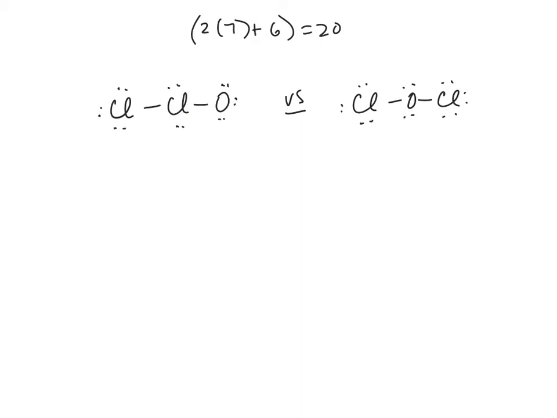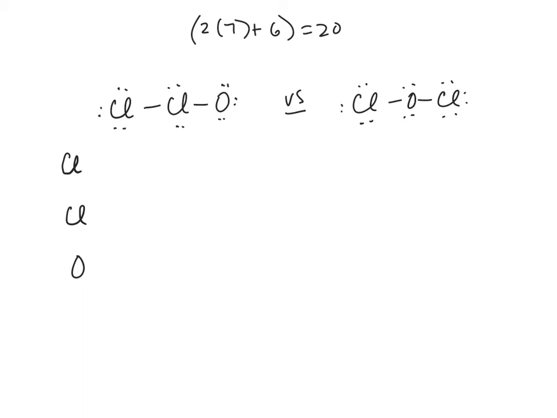Now I'm going to make a list. This will be the first chlorine on the left, this will be the chlorine in the middle, and then the oxygen on the right-hand side. Calculate the formal charge for each one.